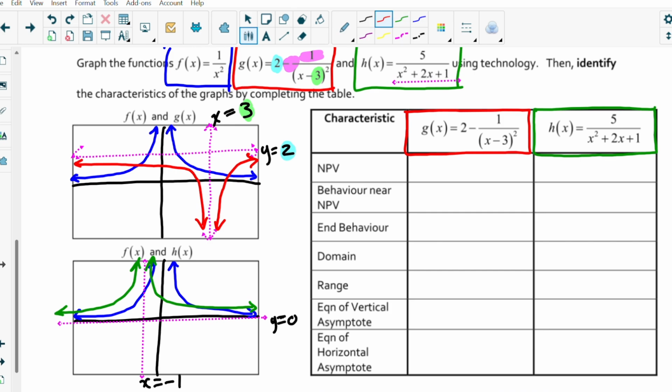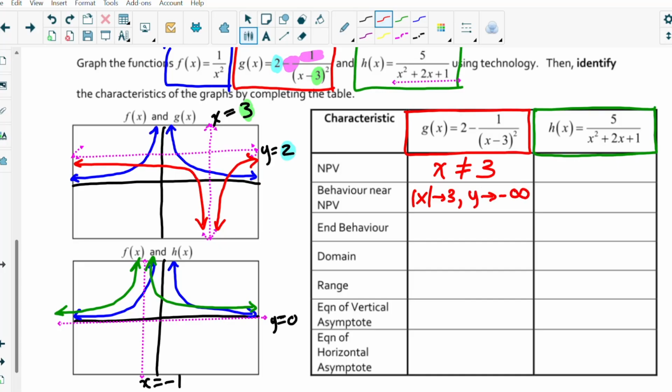Let's fill in the boxes for the characteristics. First one, non-permissible value, x equals 3. X does not equal 3. Behavior near non-permissible value, absolute value of x. As it approaches 3, what happens?